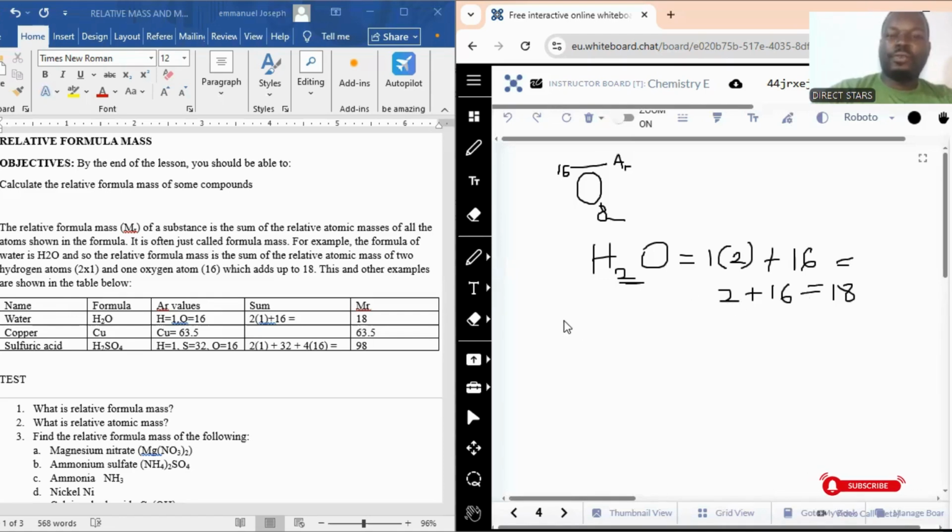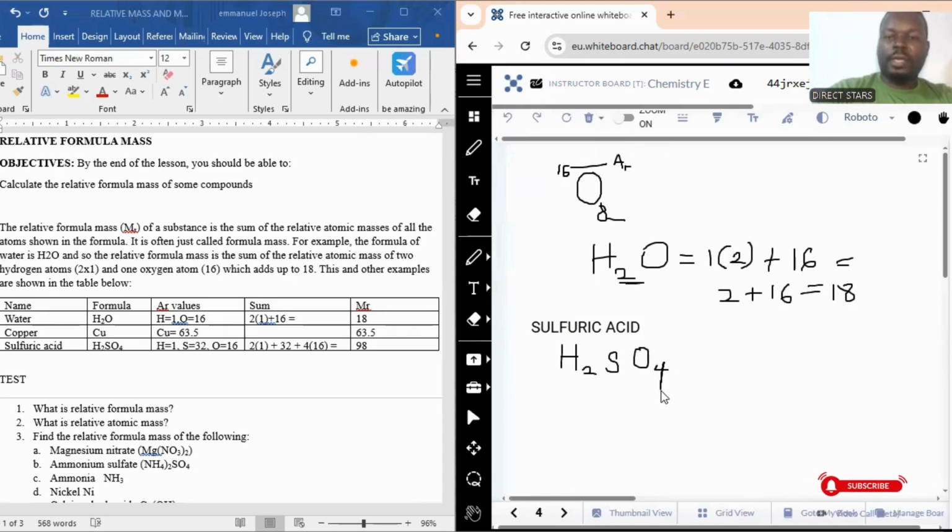Okay, so we have other examples we can look at. Let's pick sulfuric acid, for example. The formula for sulfuric acid is given as H2SO4.